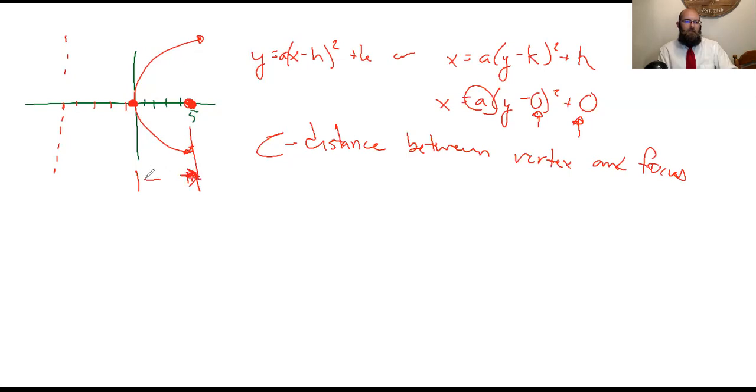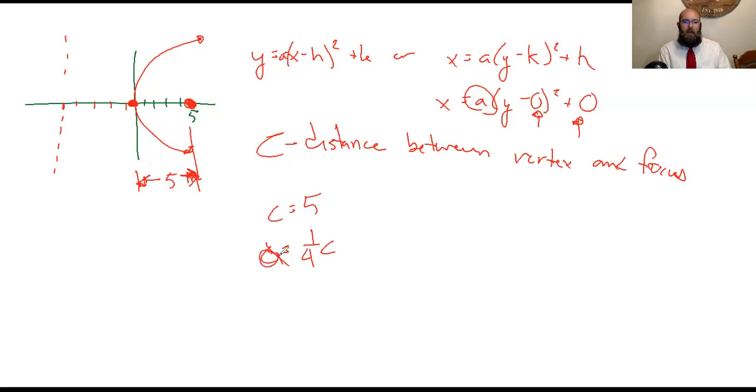Solid arrowheads, there we go. Well, it's 5 units over. So I know c equals 5, but I told you earlier, so you can rewind there, that a equals 1 over 4 times c. Sorry, I did that wrong.